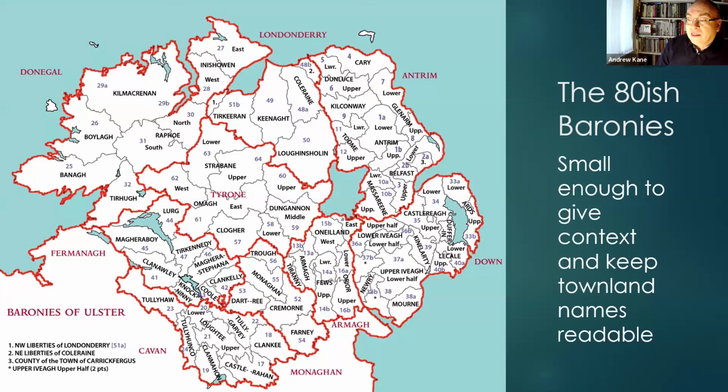Some of them, like the old urban areas that really were monastery lands, Coleraine, Liberties, Londonderry Liberties, Newry, and Carrickfergus, are not, strictly speaking, baronies. They are liberties or lordships, but I have just included them as a separate barony for the purposes of the book.